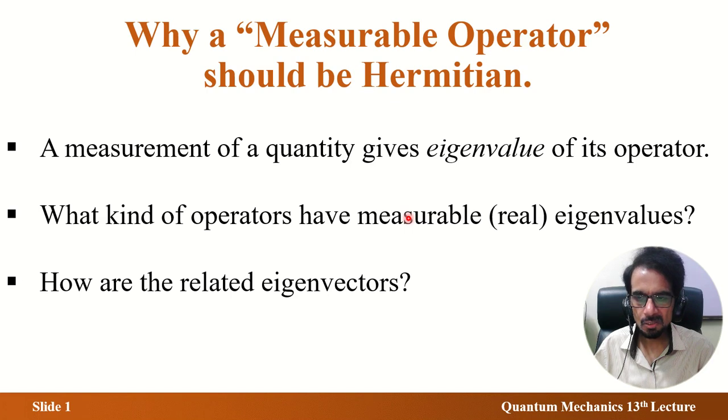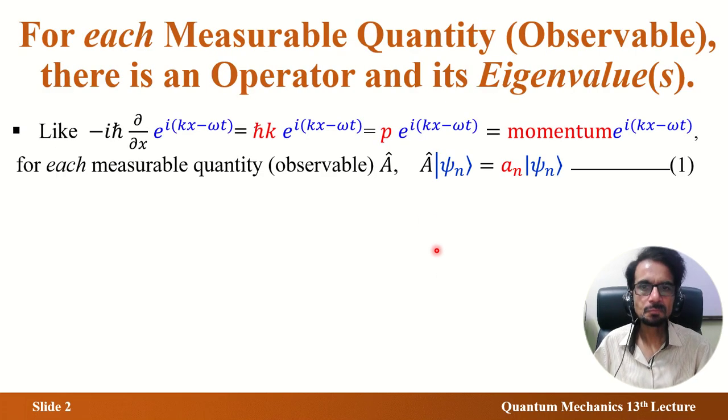The purpose of all this is to answer this question: if your physical prediction, namely the eigenvalue, has to be real, because our prediction should be real, then what kind of operators should we have? Momentum would be an example of that. Generally, what kind of operator do we have, and what kind of eigenvector or related eigenfunction? So that's the whole scheme. Now I start the detail.